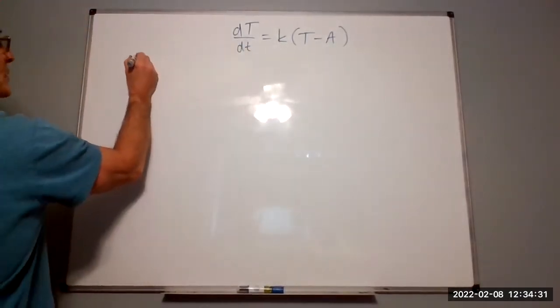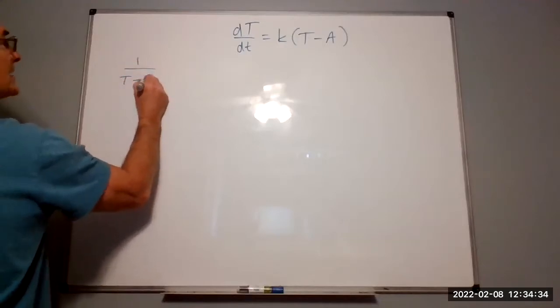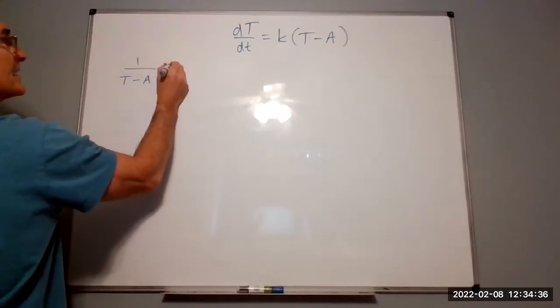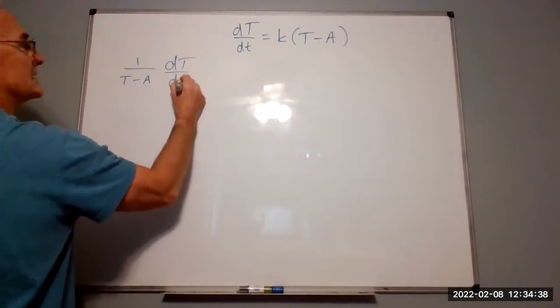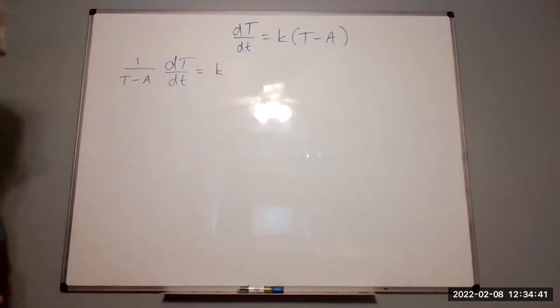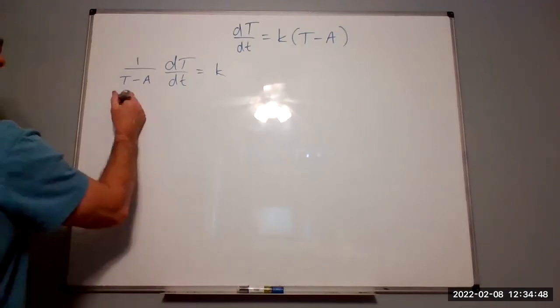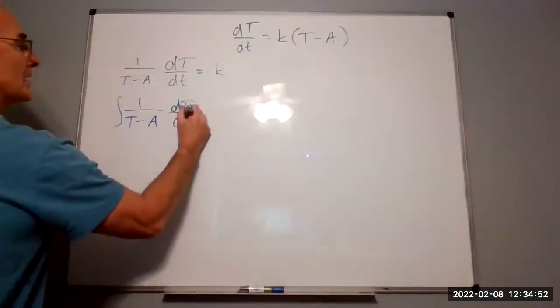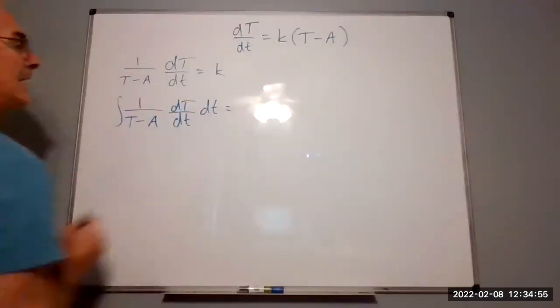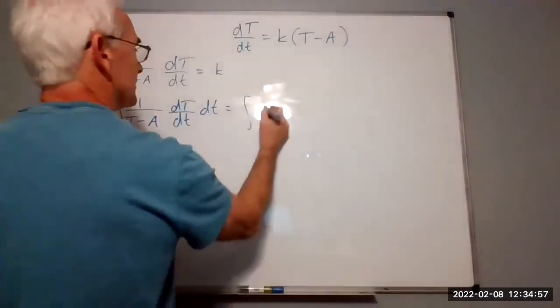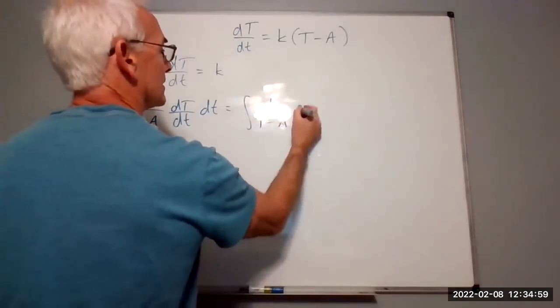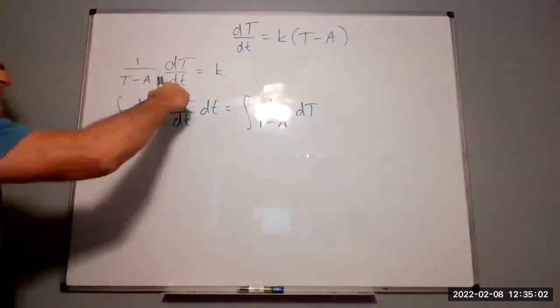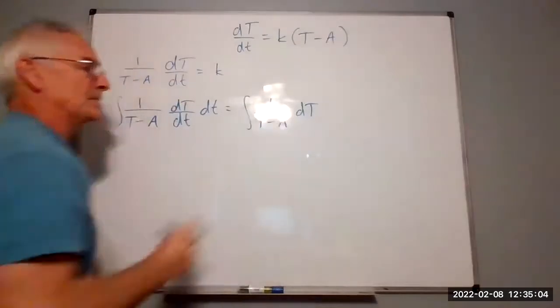Now what we're going to do is say 1 over capital T minus A dT equals k dt. And like before, we're going to integrate both sides with respect to time. So I have 1 over T minus A times dT integrated with respect to T, but we saw before that's equivalent to this.